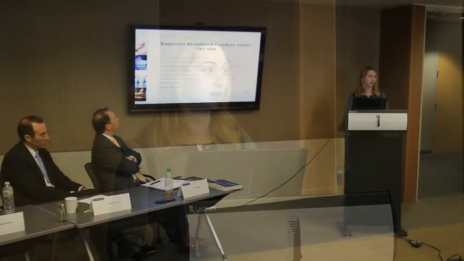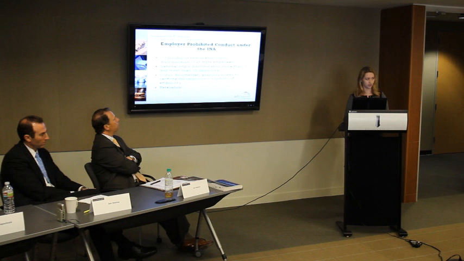So as an example of this type of discrimination, I can say that if the employer discriminates against the person and only asks for employment authorization from a person who looks foreign but does not ask for employment authorization from anyone else, that would be considered a national origin discrimination.